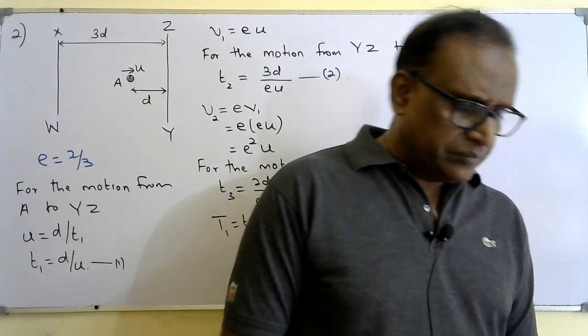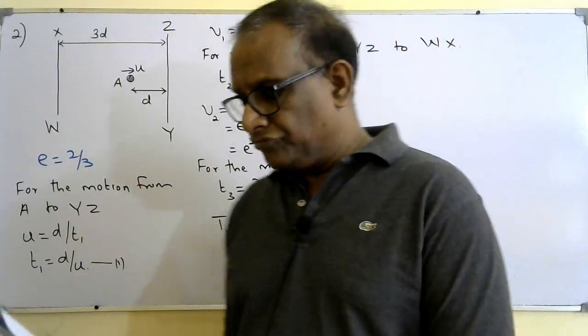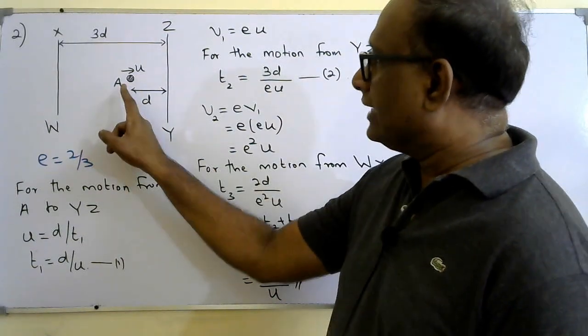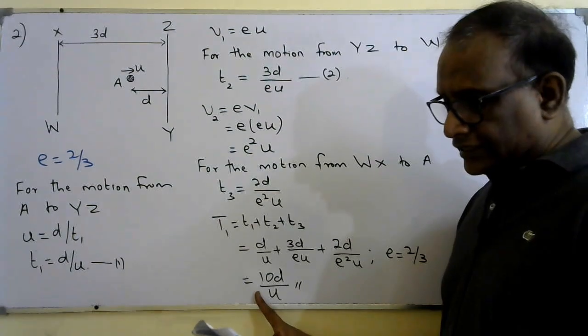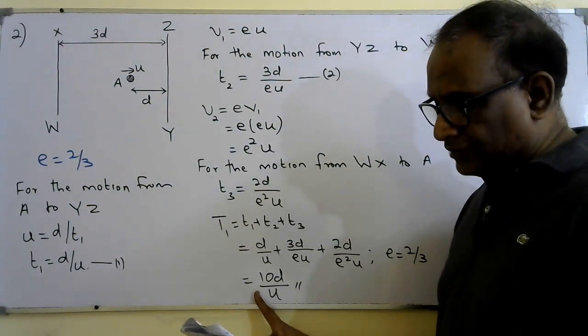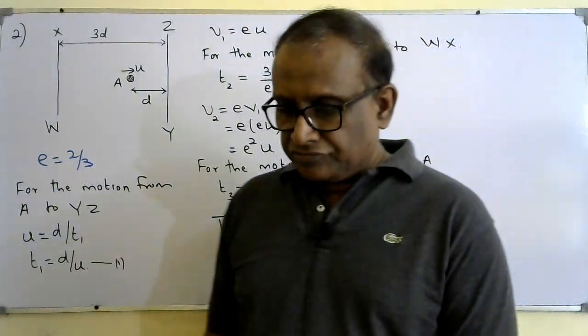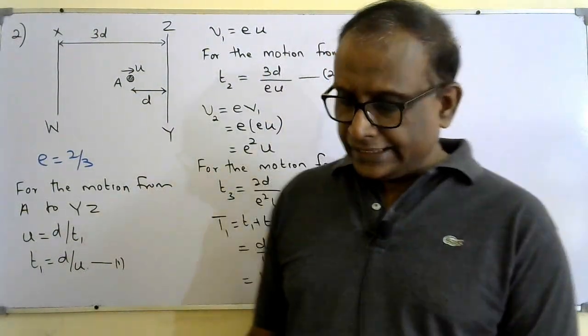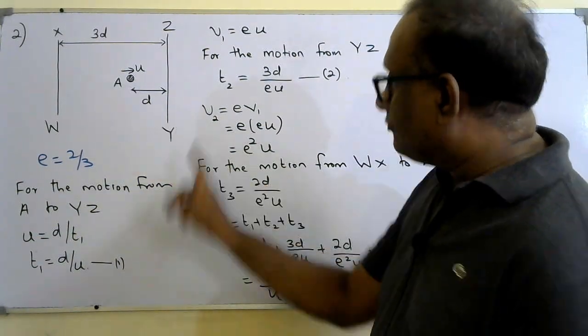B part, just one mark. The ball returns to A for the first time. So after this collision, when it comes to A, the time taken is this much; we found it. The ball returns to A for the first time after bouncing off each wall once. Now it's approaching A after these collisions.